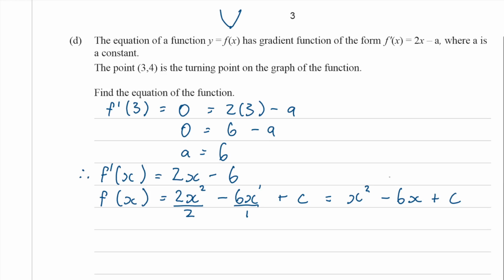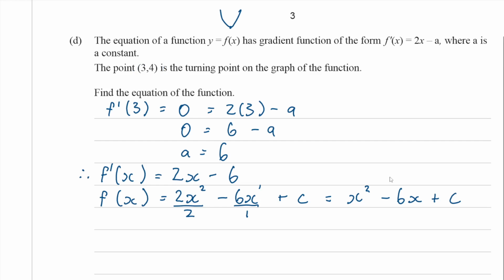Alright, so we have anti-differentiated, however, we haven't found the equation of the function. Because what is c? C could be 0, it could be 1, it could be 100. We don't know. To find out what c is, we need to substitute in a point that is on the original function.